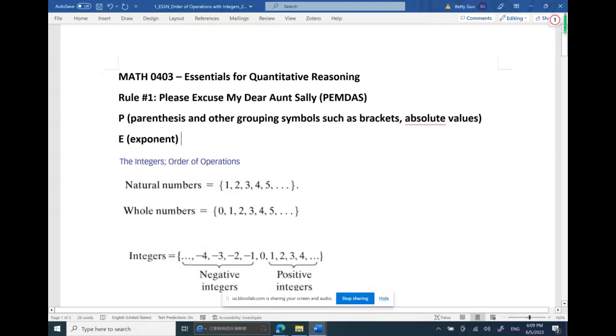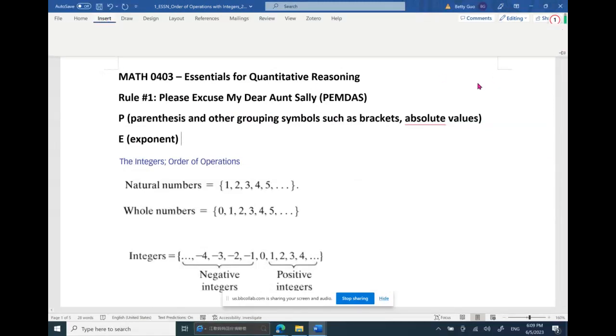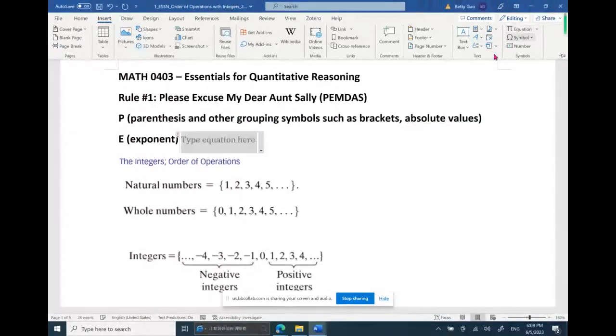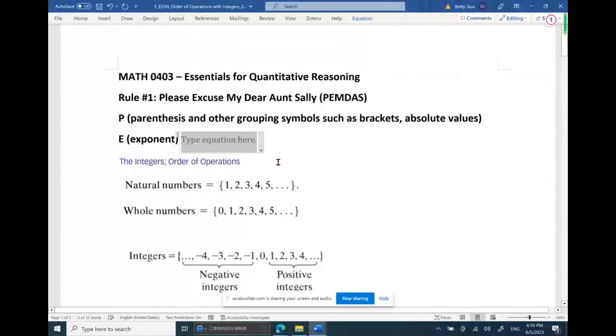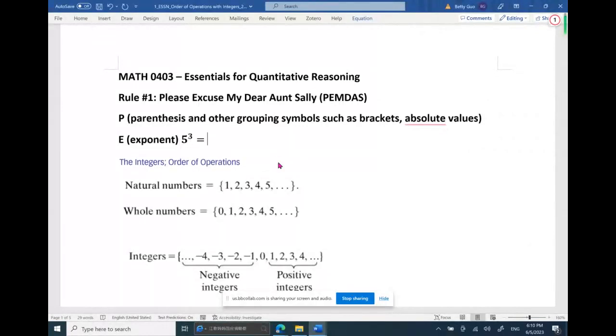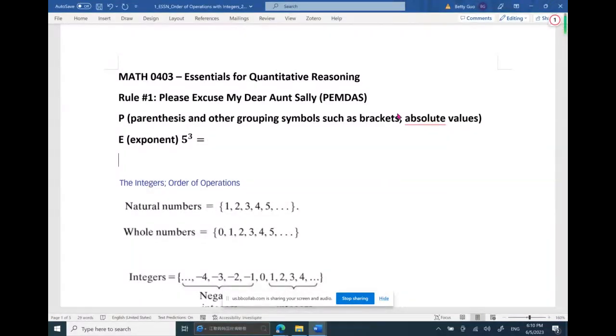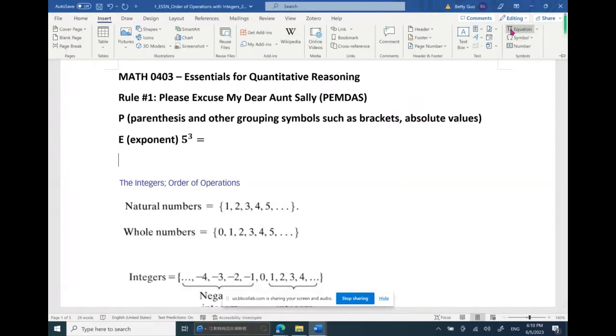For example, anyone can help me to evaluate this expression? Let's say 5 to the power of 3. And another one, we're going to see how do we find 3 to the power of 5.